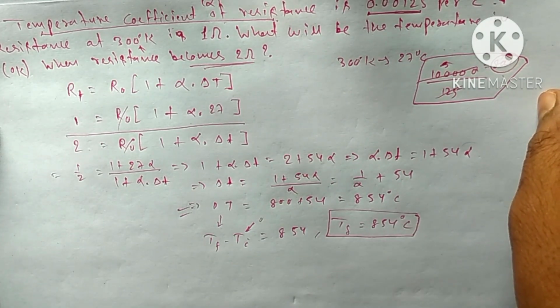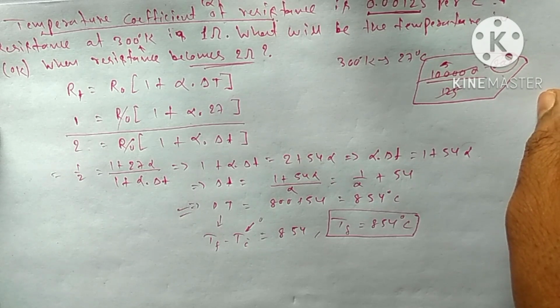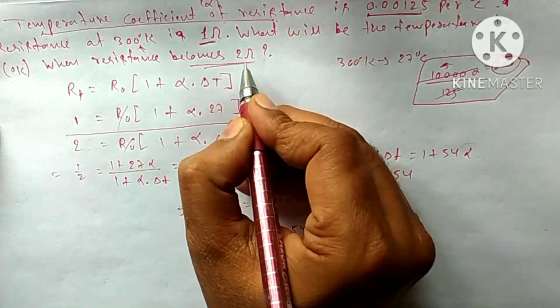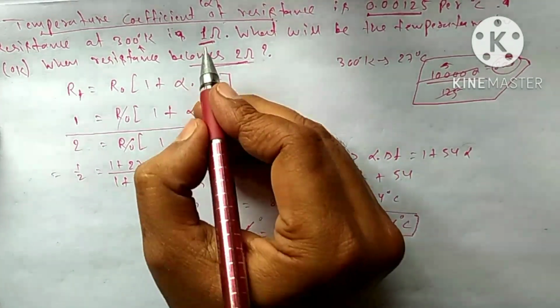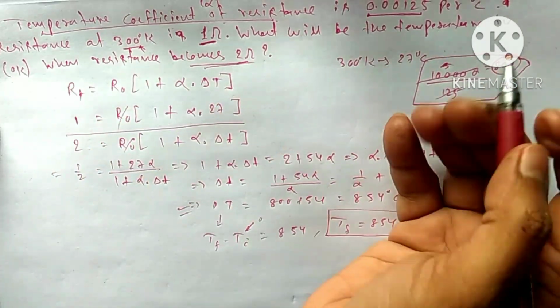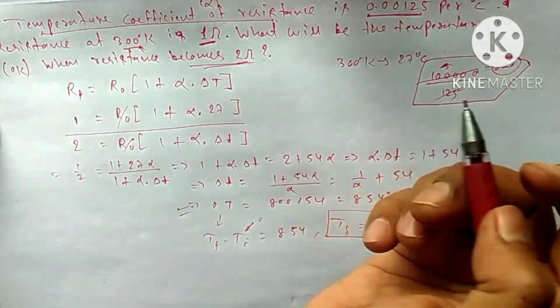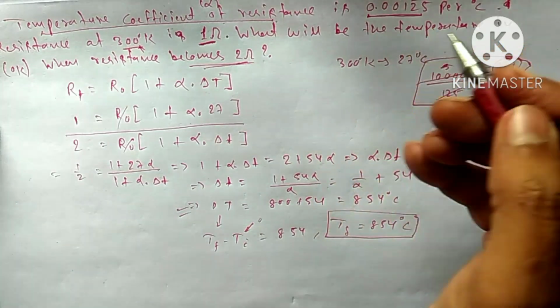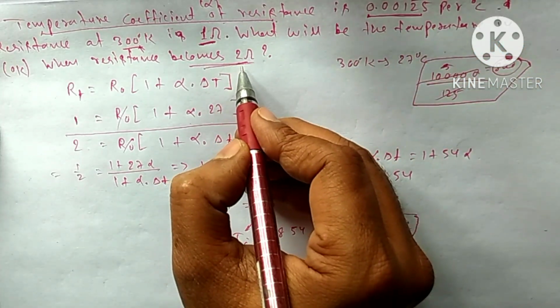Here two resistances are given, 1 ohm and 2 ohm. The 1 ohm resistance has temperature 300 Kelvin. And what will be the temperature when the resistance becomes 2 ohm?